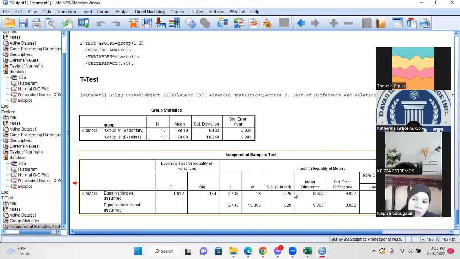So, ano ang intervention natin dyan or ano ang magiging interpretation niyan? So, ibig sabihin, exercise is recommended to decrease the blood pressure.